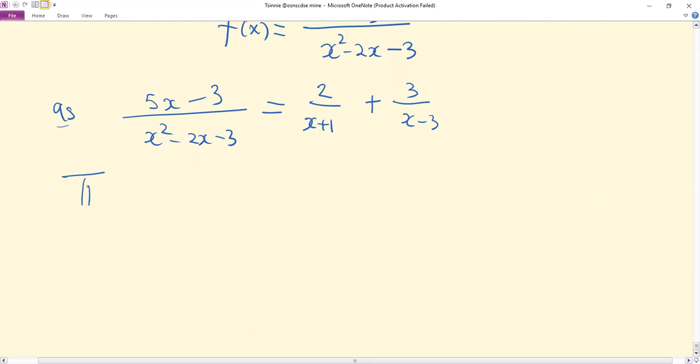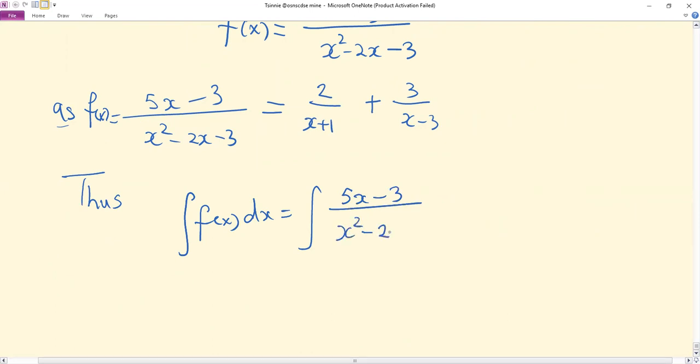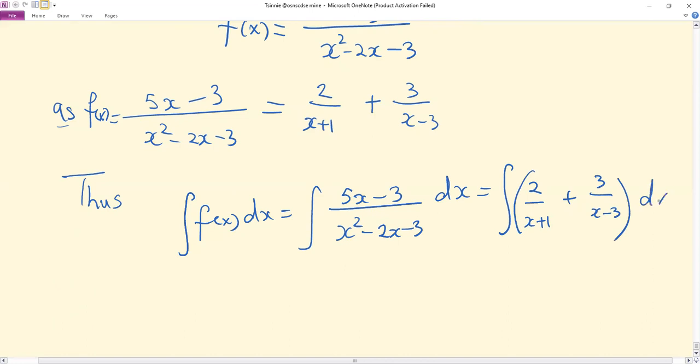So thus, the integral of f of x dx, which is the same as the integral of 5x minus 3 over x squared minus 2x minus 3 dx, is the same as the integral of 2 over x plus 1 plus 3 over x minus 3 dx, which is the same as the integral of 2 over x plus 1 dx plus the integral of 3 over x minus 3 dx.